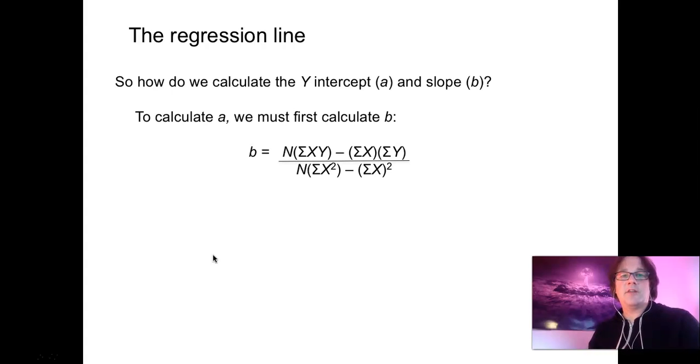We're talking about the sum of some cross products, and the sum of x times the sum of y, the sum of x squared, and then the sum of x, quantity squared. These are things we're familiar with. We had to do them in 221, when we were calculating standard deviations by hand, and when we were calculating correlation by hand. So this shouldn't be too shocking.